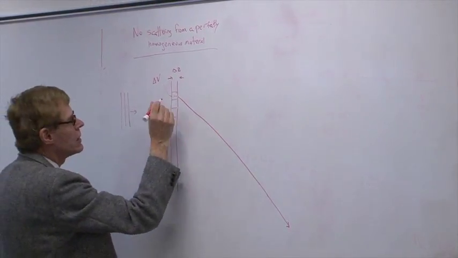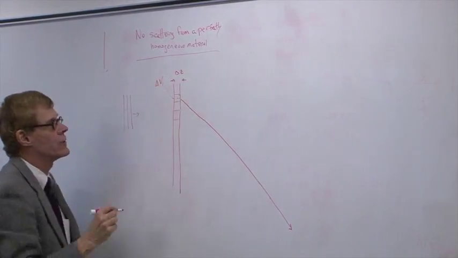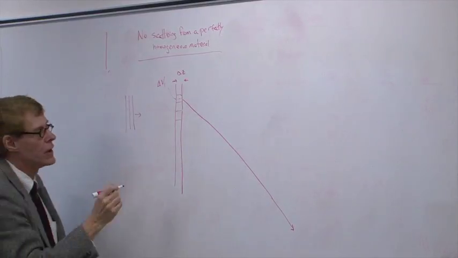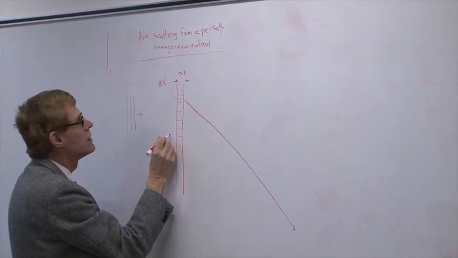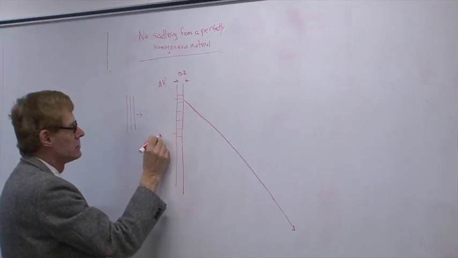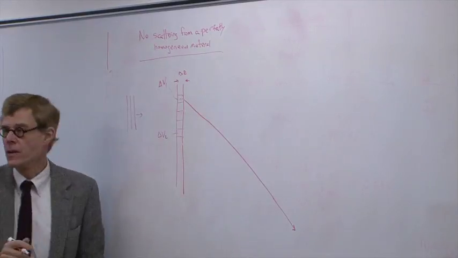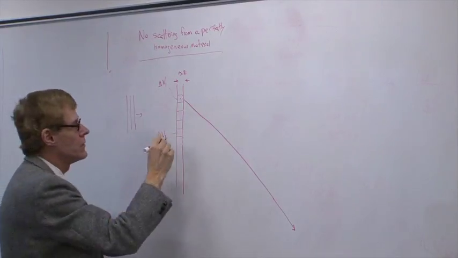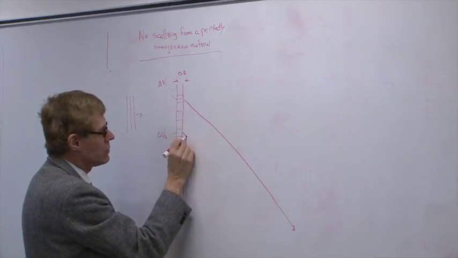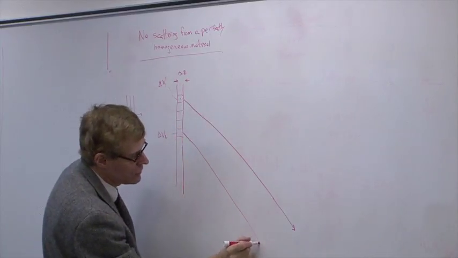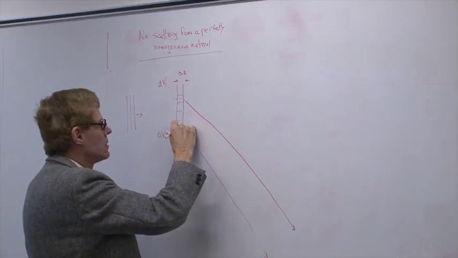But then you realize that for any volume, I'll call it delta V1, there's going to be some other volume, which I'll call delta V2, which will also scatter into exactly the same direction.